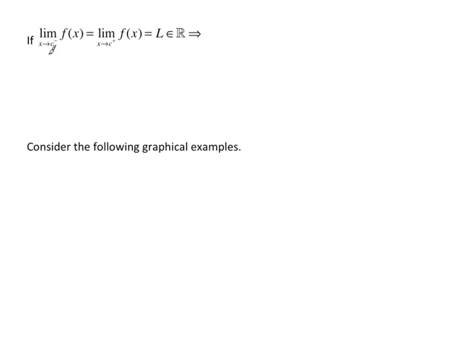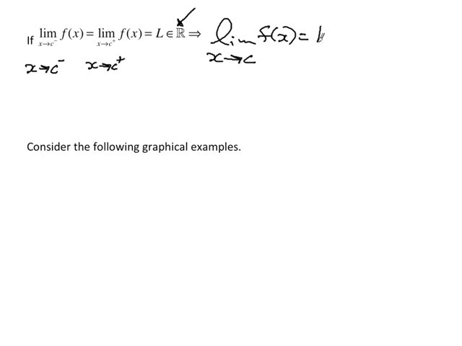If the limit as x approaches c from the negative, and I'll write this again to make sure you can see that, as x approaches c from the left of f of x, if that's equal to the limit as x approaches c from the positive of f of x, if these both equal L, and L is in R, this means a real number, then what this is saying is that the limit as x approaches c of f of x is equal to L.